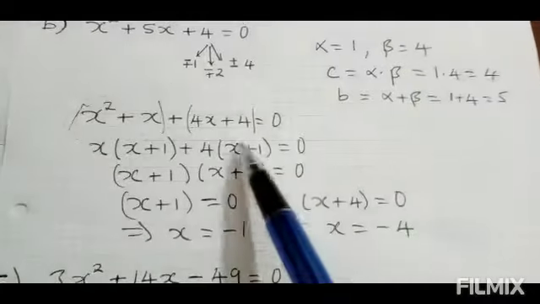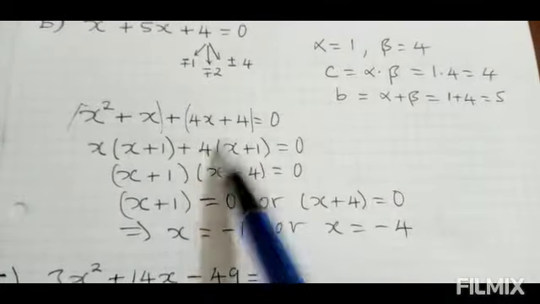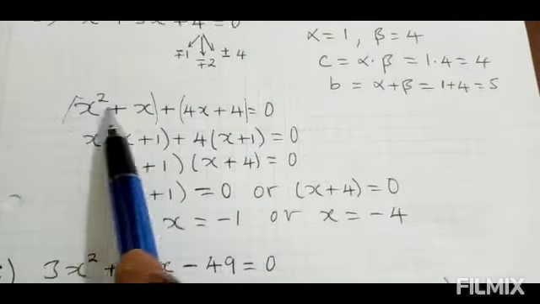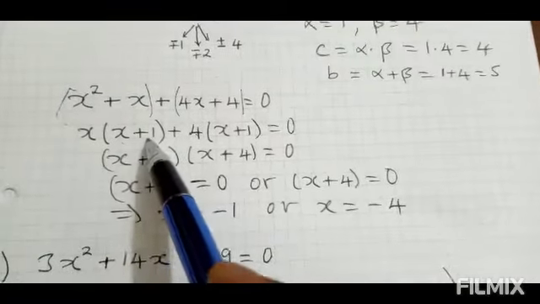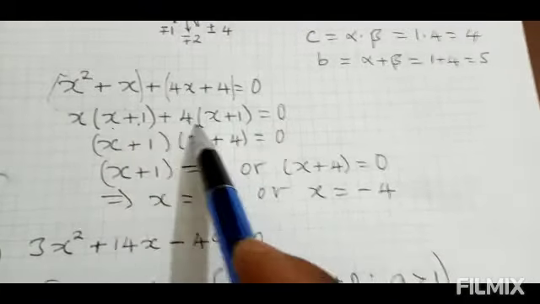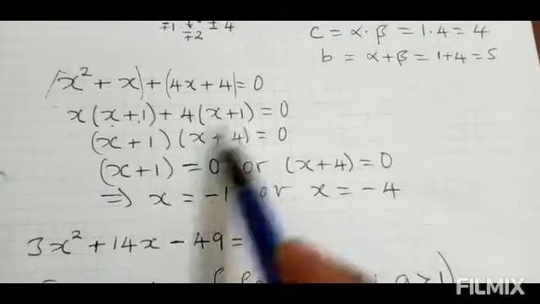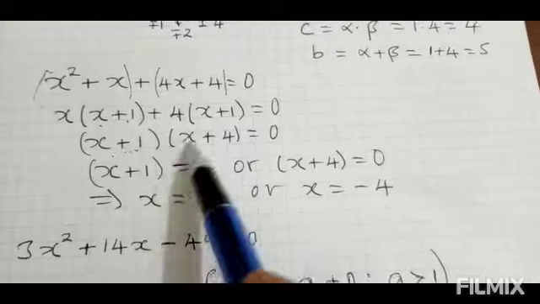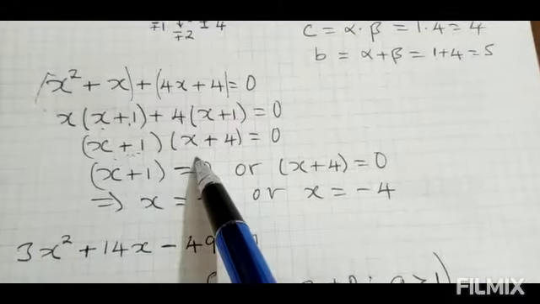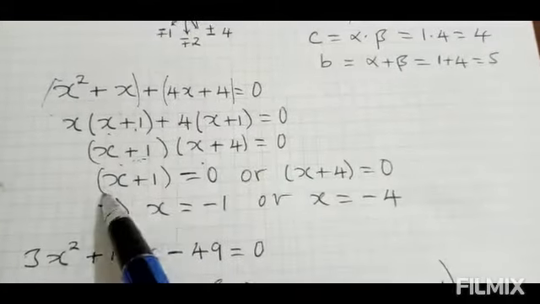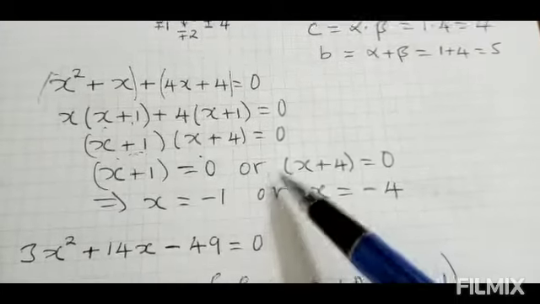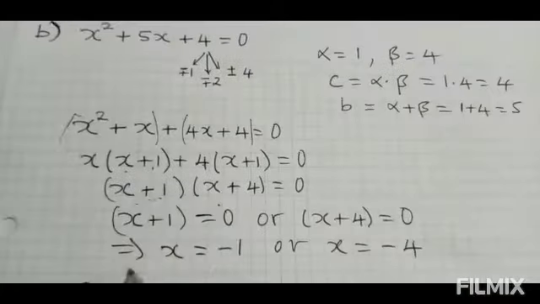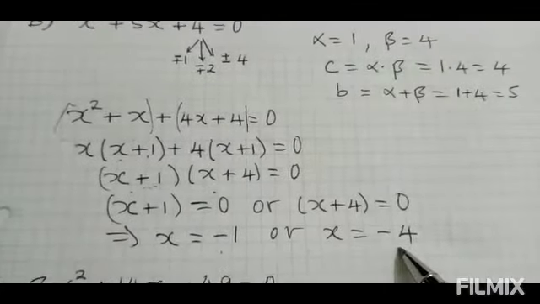So x plus 1 is common, we take it outside, and we remain with x plus 4 is equal to 0. Either x plus 1 is equal to 0 or x plus 4 is equal to 0. So x is equal to -1 or x is equal to -4.